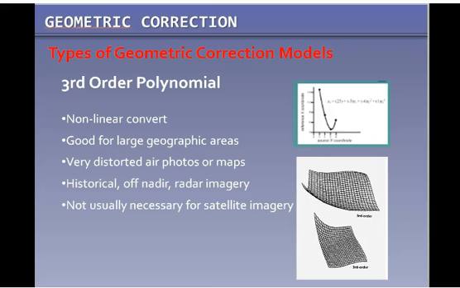In fact, it may be overfitting one of your control points. In other words, it may be twisting or stretching too much just to force two of those GCPs to line up, where it actually ends up messing up all of the pixels in between. So we do have to be careful once we get into these higher order polynomials.